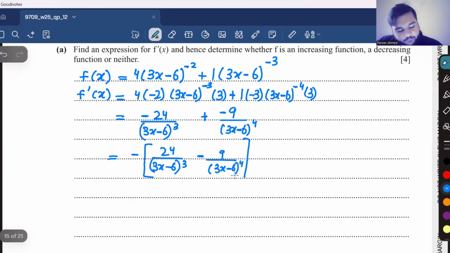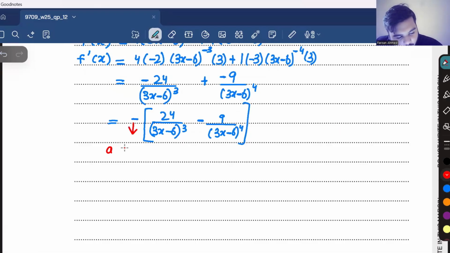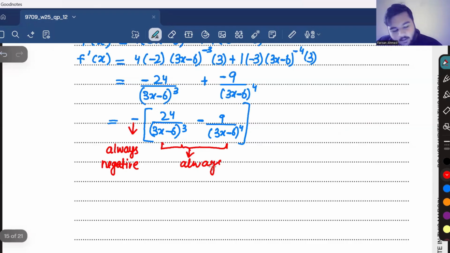Now you have to know that this minus is always negative, and this whole bracket is always positive.